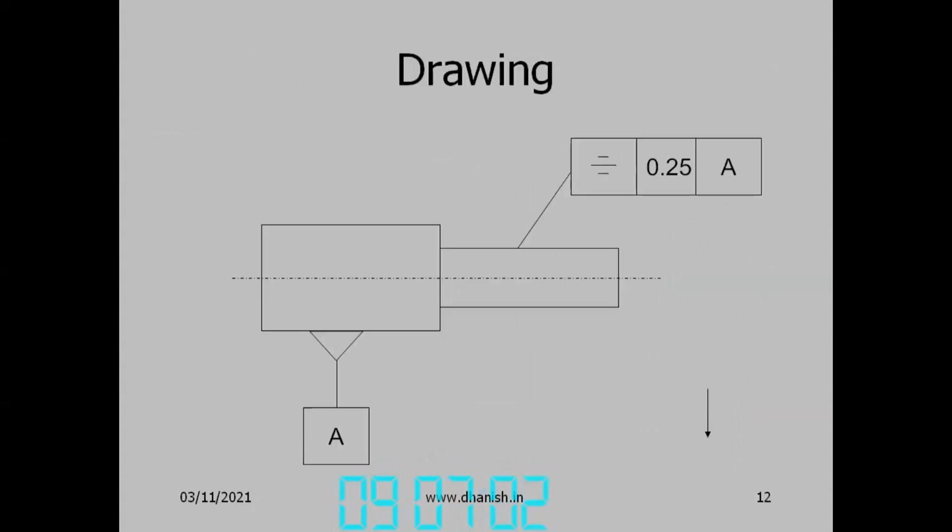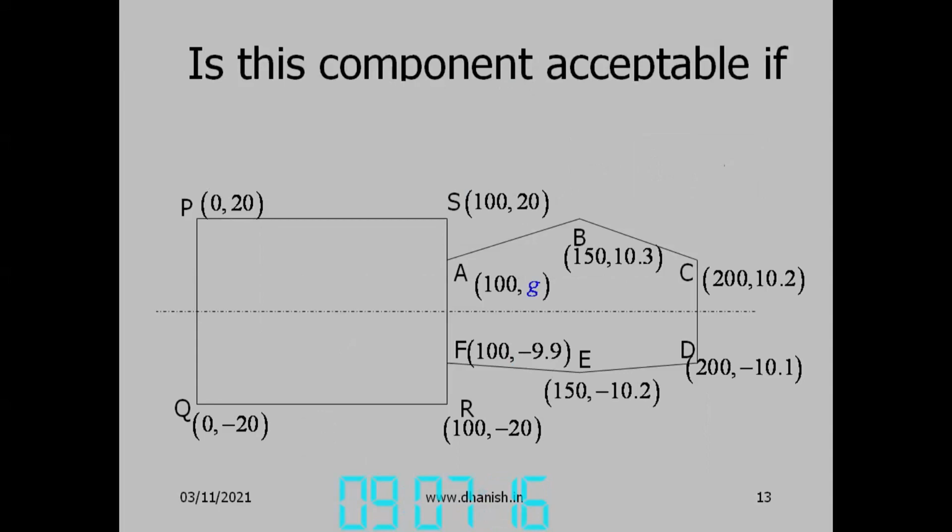So in this problem, we have to check whether the component which is given in the next slide is as per this drawing or not. Is it acceptable as per this drawing or not? So the symmetry tolerance is 0.25 with respect to A. So we have to find out the midpoint of A and F. So A is, okay, case 1, G is 10.16.